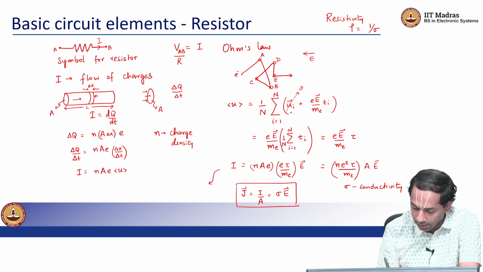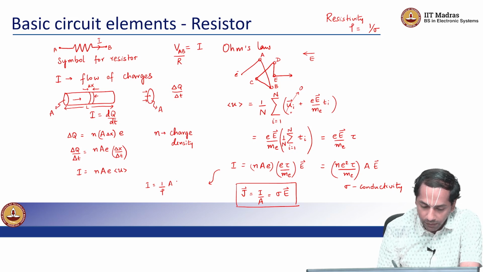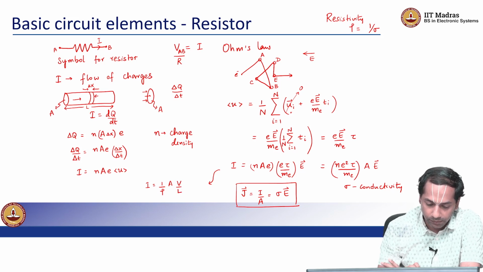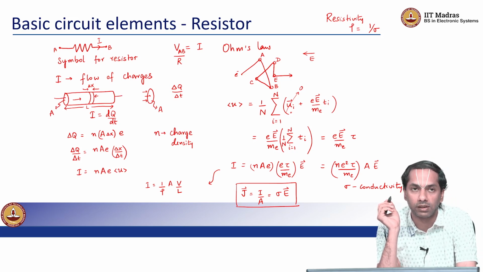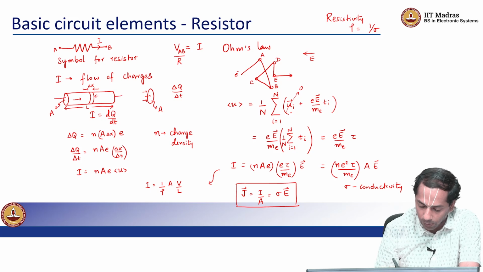So, taking this equation, we have I equals one over rho A E, and the electric field can be written as the voltage divided by the distance L. I am applying a voltage between the end faces of this finite conducting wire.